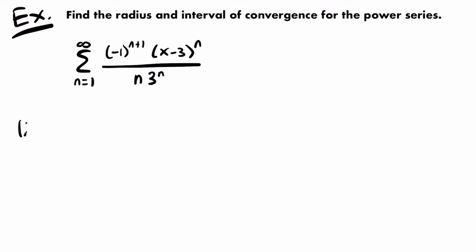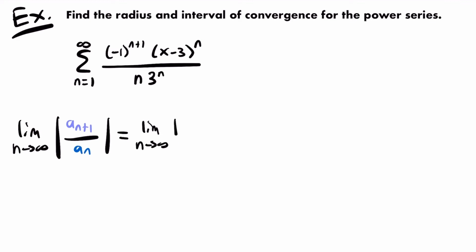So we're going to look at the limit as n approaches infinity of the absolute value of a sub n plus 1 divided by a sub n. Alright, so in this case, we're going to have the limit as n approaches infinity of the absolute value of a sub n plus 1. And so a sub n plus 1 will be this expression, but each n is going to increase by a value of 1.